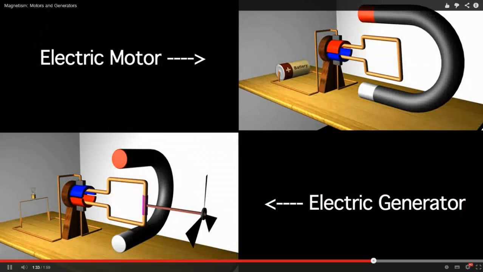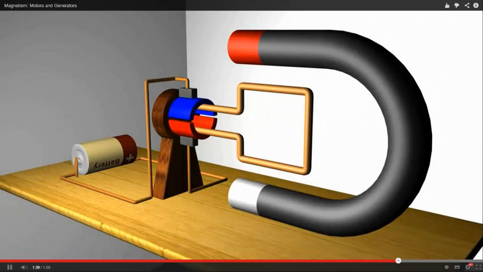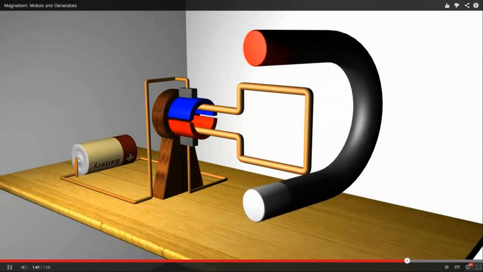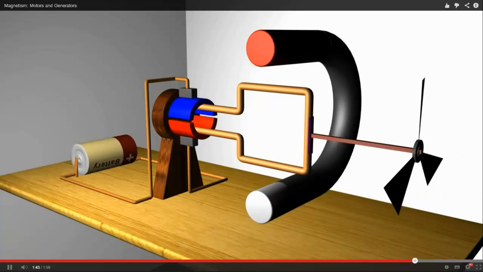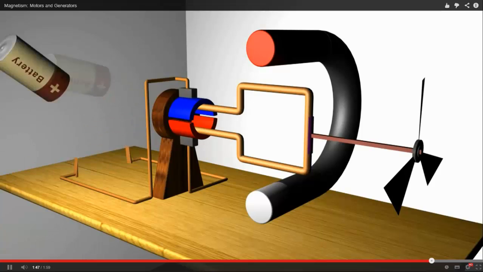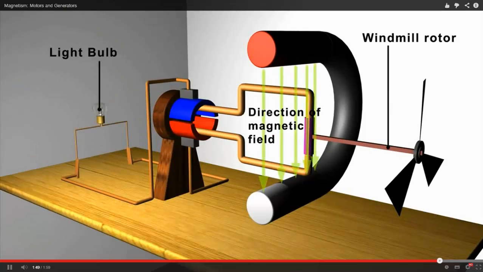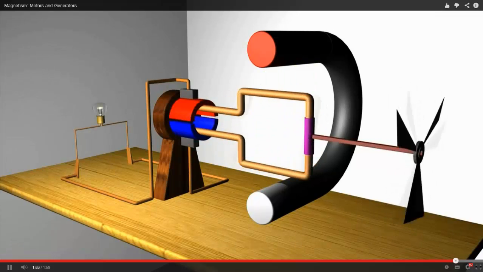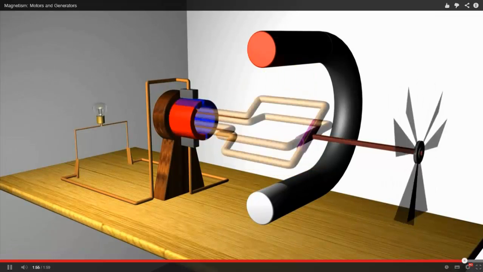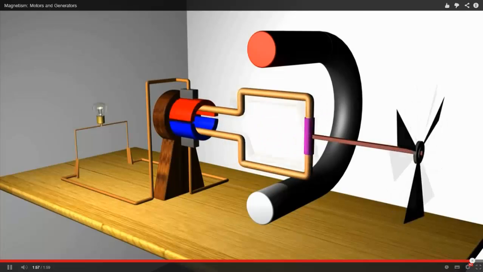So as you can see, we can simply rearrange our motor into a generator. In this case, we will provide the mechanical force with a windmill rotor attached to the loop and connect a bulb in place of the battery. We will leave the magnetic field as it is, and as the wind rotates the blade, an electrical current is produced.